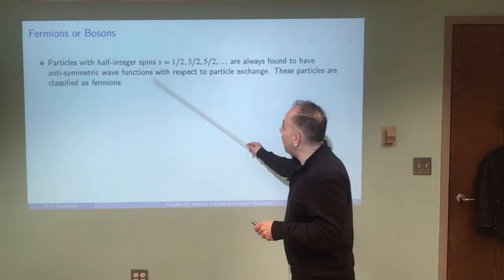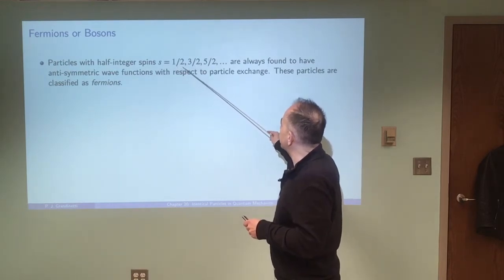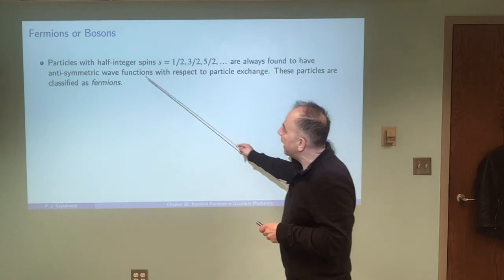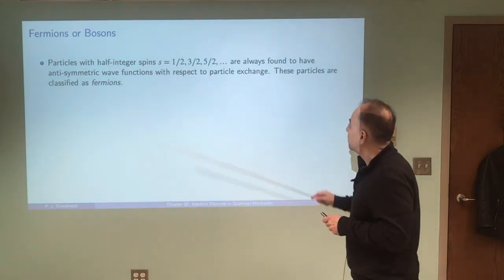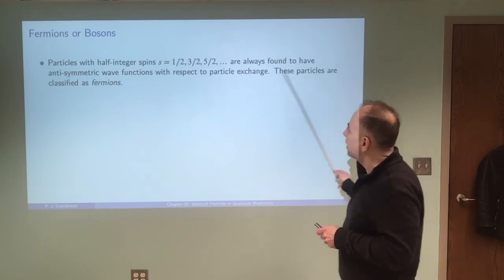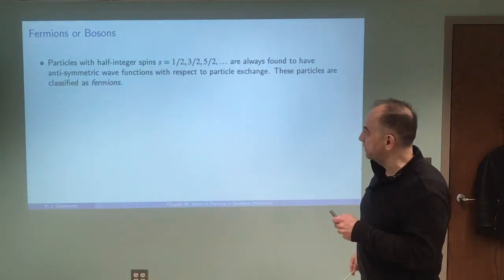When we find particles that have half-integer spins, so s equals 1/2, 3/2, 5/2, these are always found to have antisymmetric wave functions with respect to particle exchange. All of these particles are classified as a group called fermions.